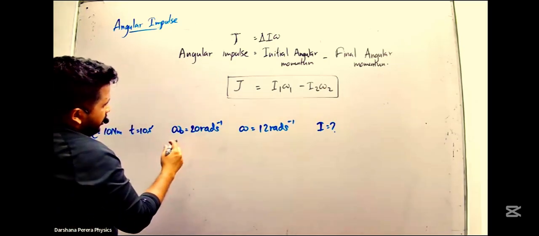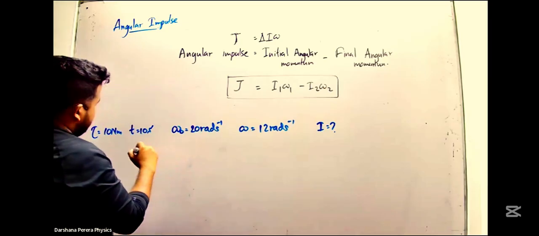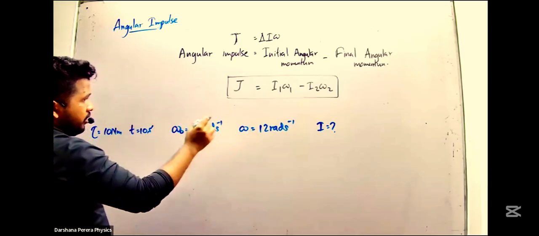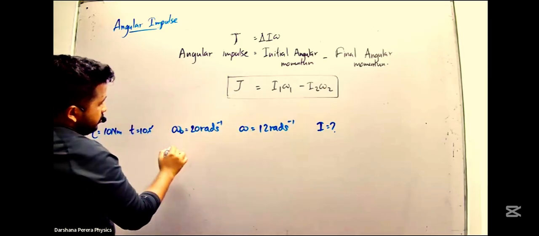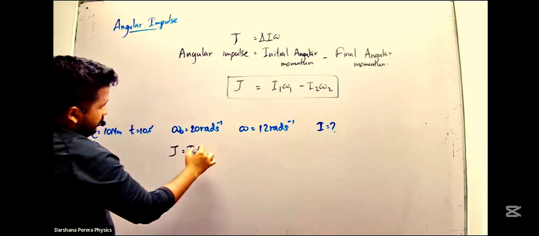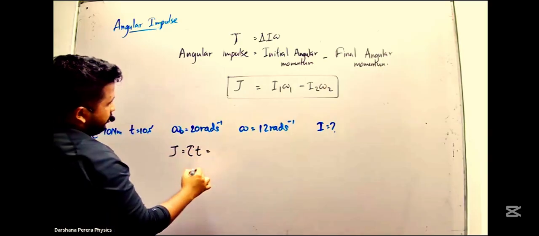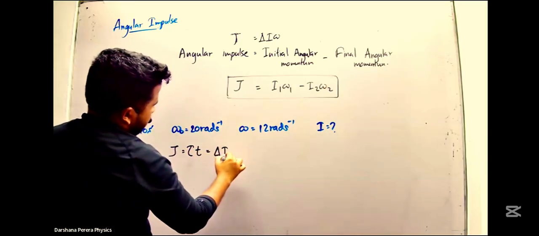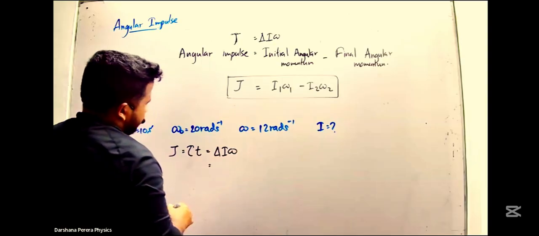Here we can write: angular impulse tau t equals the change of angular momentum.